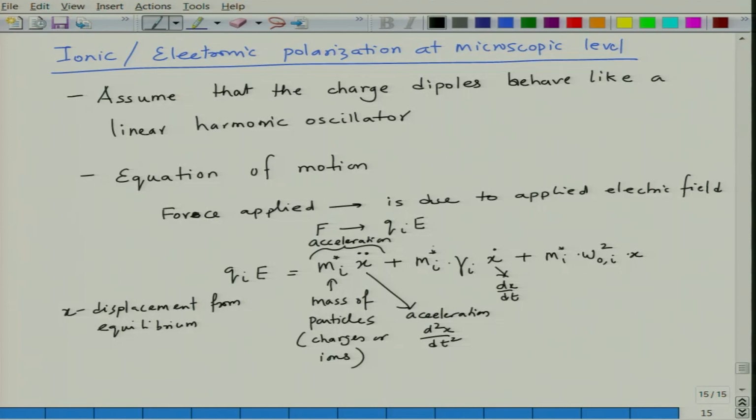The second term is because of damping or frictional force. And the third term is because of restoring force, which is essentially nothing but kx. So we have converted this into m omega square x. Here omega oi is the natural frequency of the particle i.